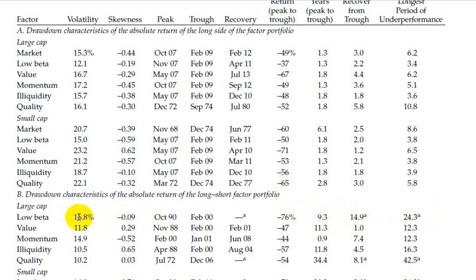At least in the large caps, it's got pretty much the highest volatility, the biggest drawdown, the longest period of underperformance, and it's pretty interesting to see because you would think that low beta would be the most riskless way of investing, but actually it turns out that going short the high beta stocks really leaves a lot of return on the table in good bull markets.